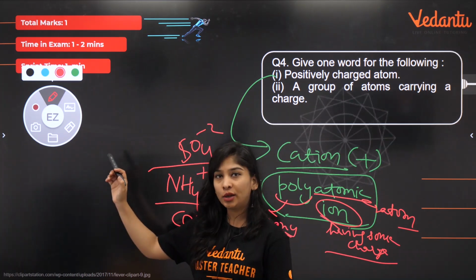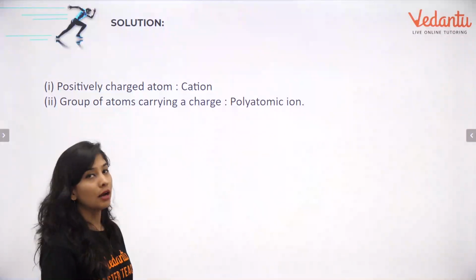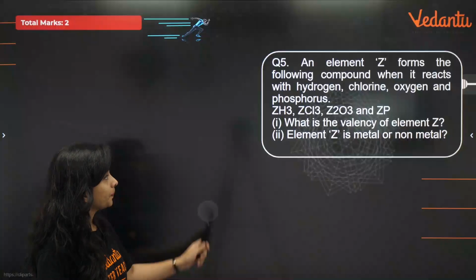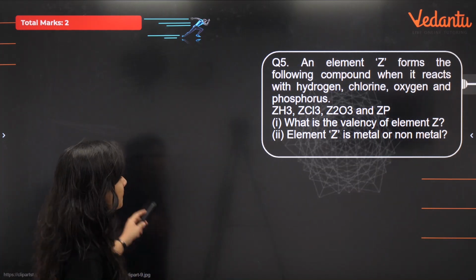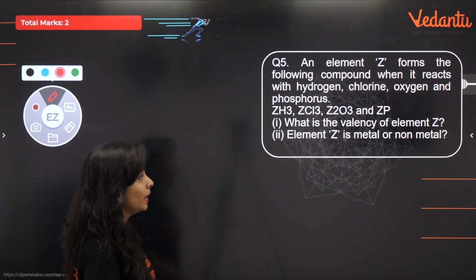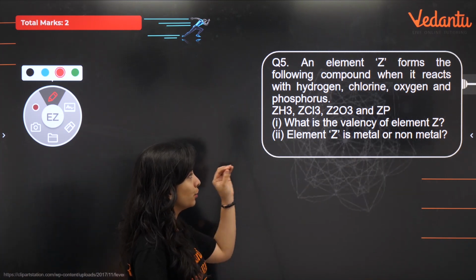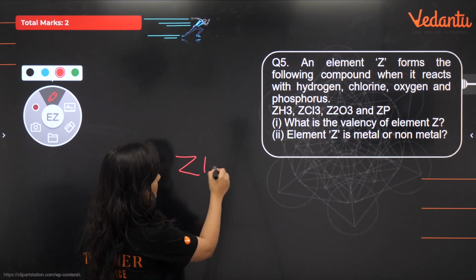Clear here? Easy question only. Small question we should know, so that approach could be super clear. One more question, very good question though. Question is saying an element Z forms the following compound when it reacts with hydrogen, chlorine, oxygen and phosphorus.